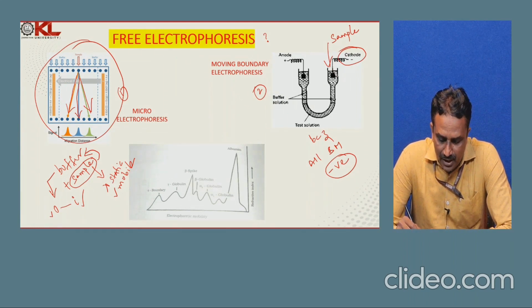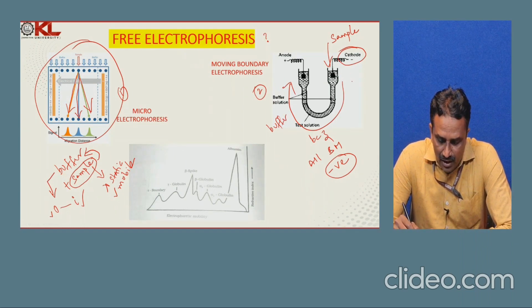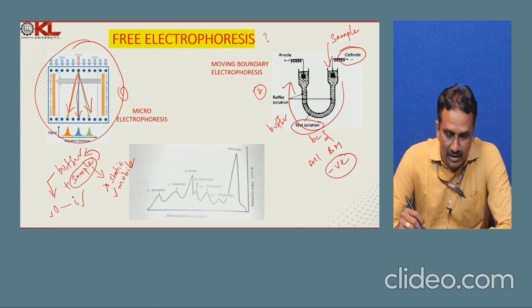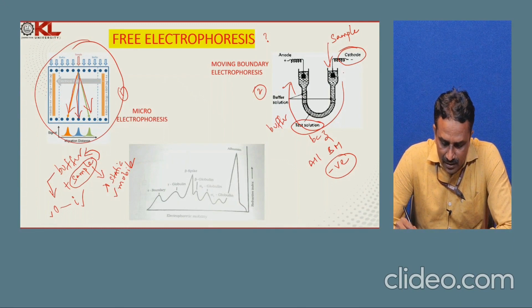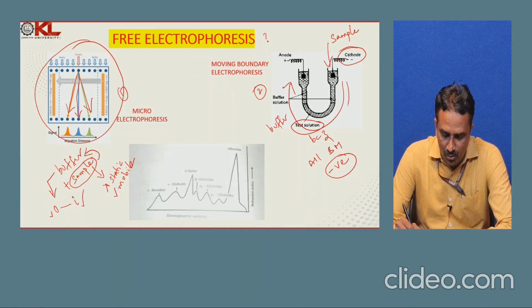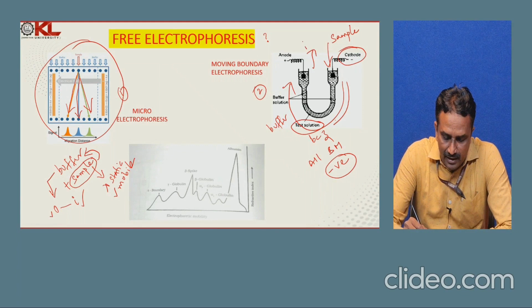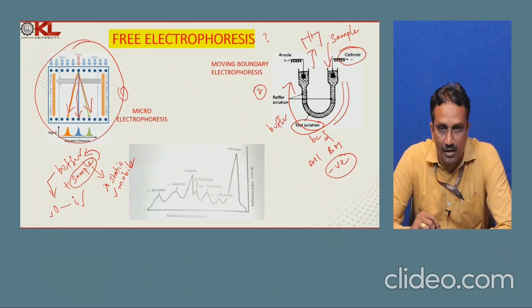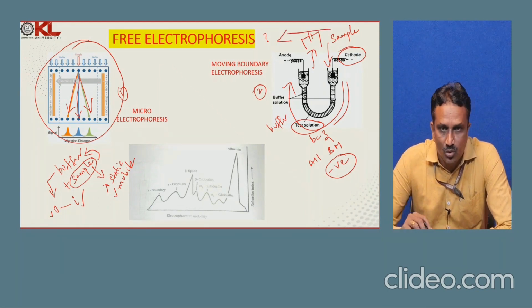You fill up this moving boundary apparatus first with a suitable buffer, then we load our required sample, which can be called the test sample or test solution. When loaded at one end, based on its density, they slowly move towards the other end depending on their charge. When you apply an electric field, the molecules move from cathode end to anode end.